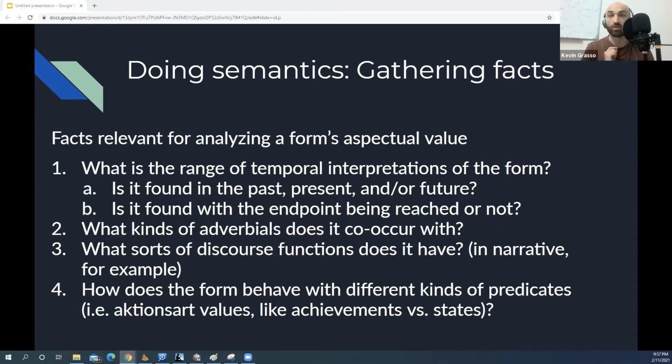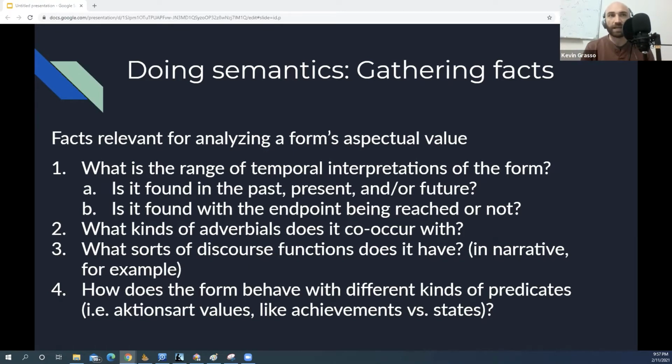Yes or no, right? First of all, we need to ask, for this verb and its object, is there an endpoint, right? And then is it reached with this particular verb form, right? Those are two different questions we really need to answer. We can talk about, is it past, present, or future? So this is literally just amassing data and information about what these forms are actually doing.